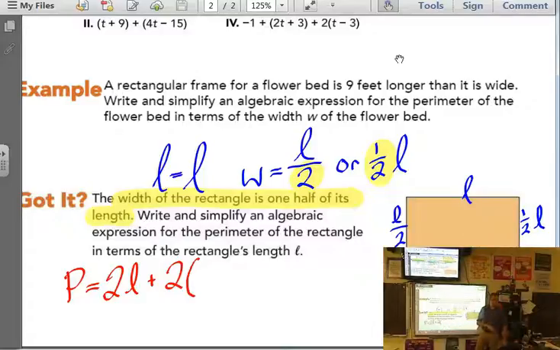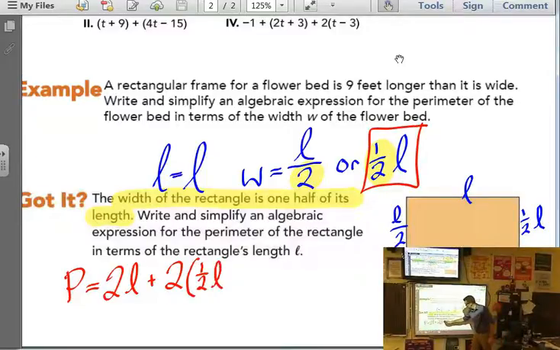So for the width, I'm actually just going to use my half L. What happens when I have 2 times a half? If you have half of 2 or 2 times a half, anybody? You get a whole. You get 1.